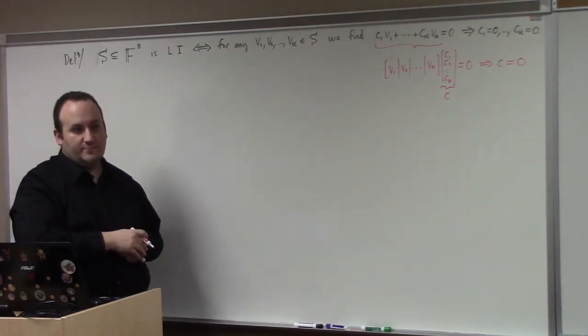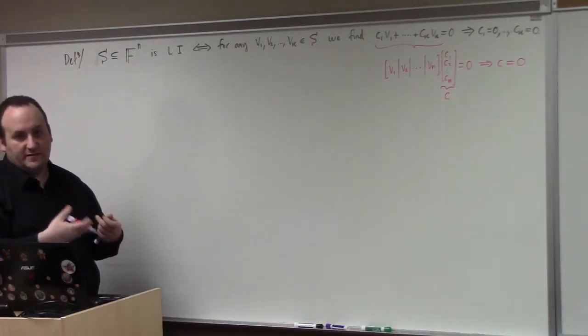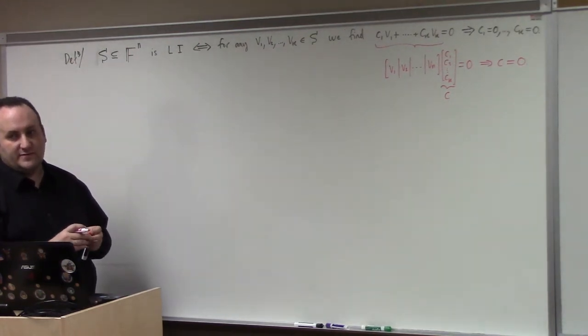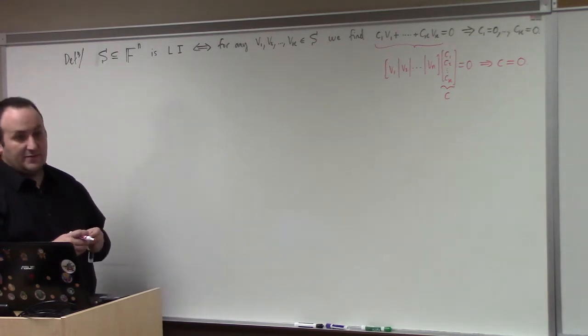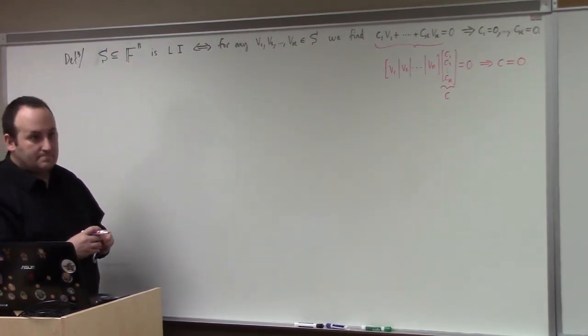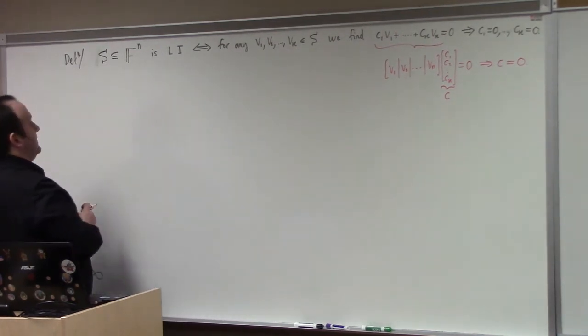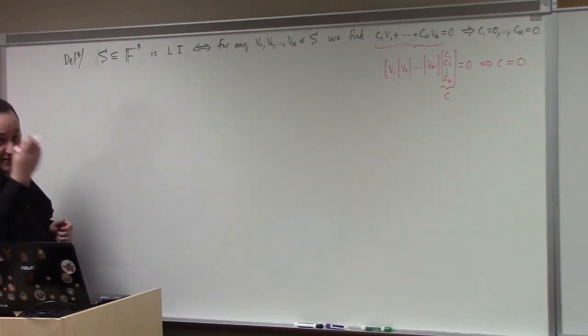So that's a homogeneous linear system. To check linear independence of a set of vectors, we just have to show that the homogeneous solution to that system of equations has only the 0 solution. That gives us linear independence of the vectors. That was one definition we looked at. In fact, that's the second definition I looked at in the video.